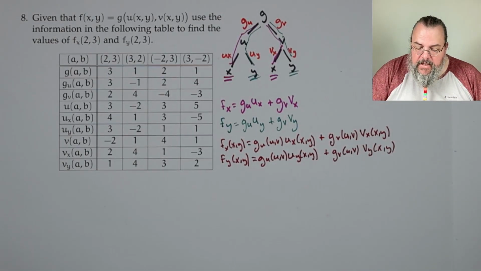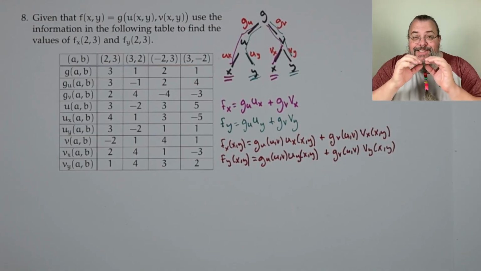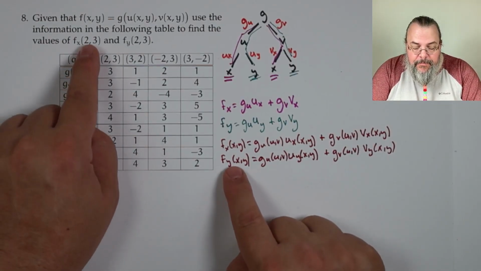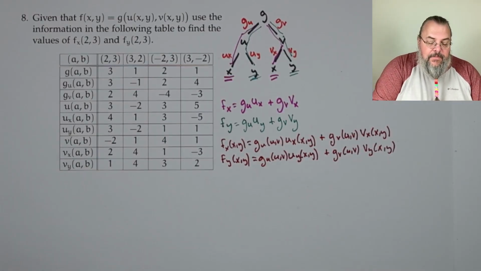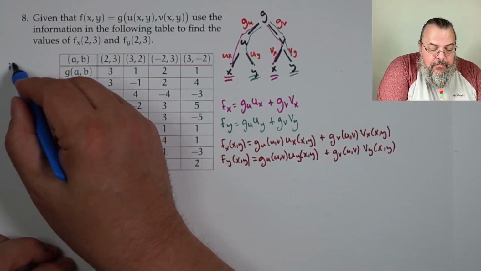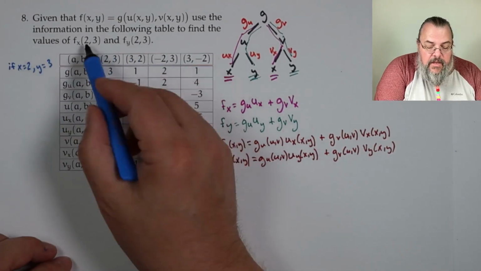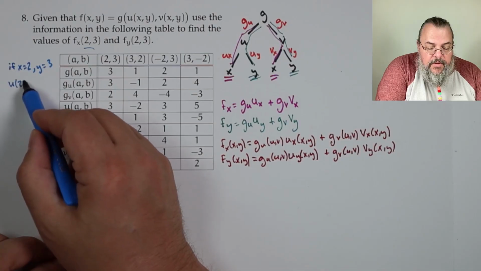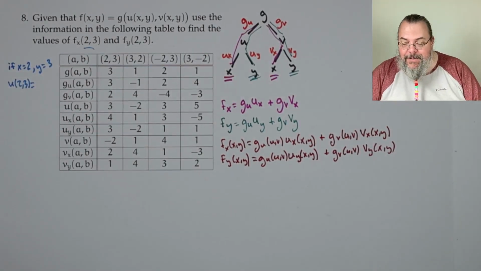All right. Now, the pieces are in place. We just have to be slightly careful. We know what x and y are. That's given, 2, 3. So, if x equals 2, y equals 3, right, that's the 2, 3, then what is u? Well, u of 2 comma 3 is what? Well, that's where our table comes into play.